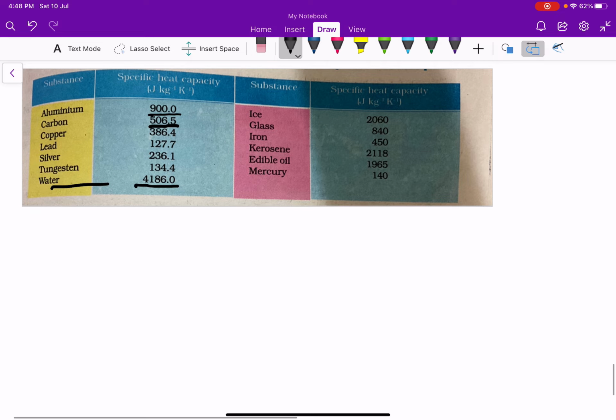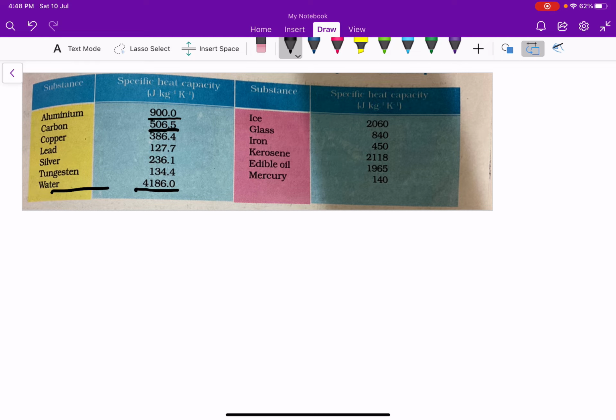So among all these substances, take water, for example. To raise the temperature of 1 kg of water by 1 Kelvin or 1 Celsius degree, the amount of heat energy required is how much? 4186 joules.